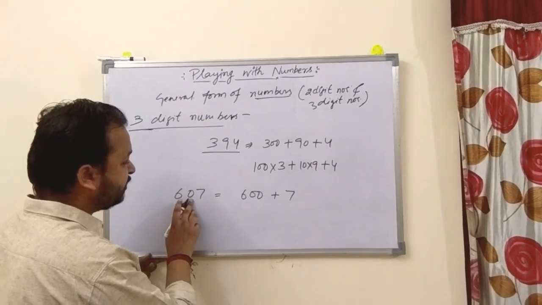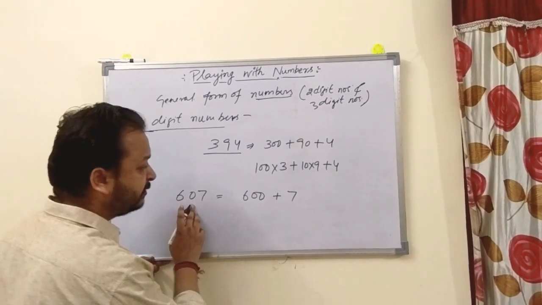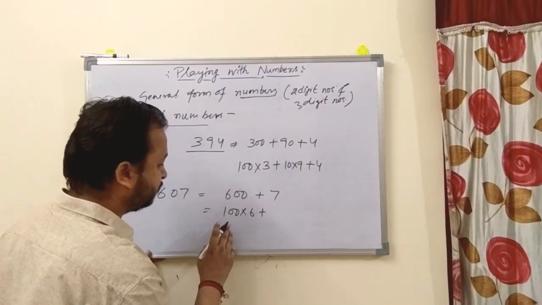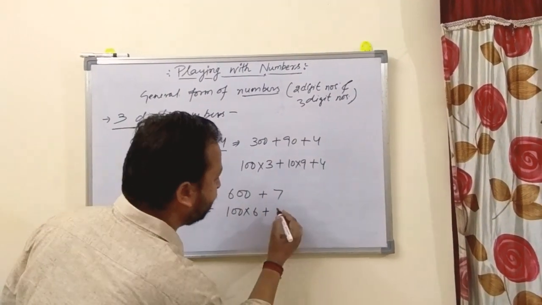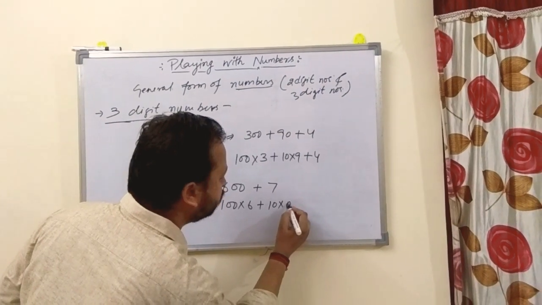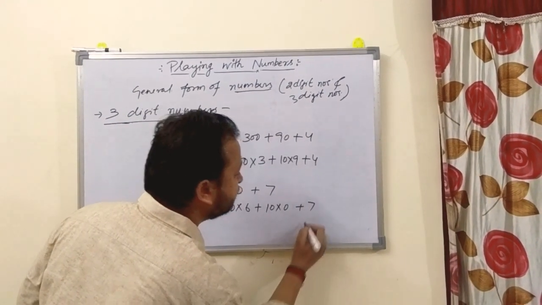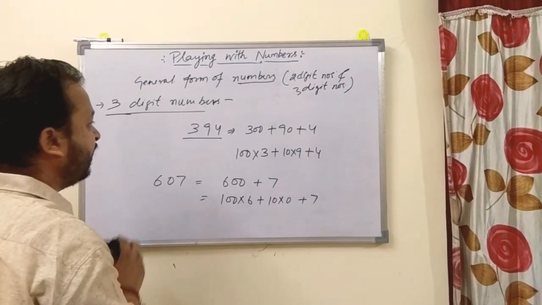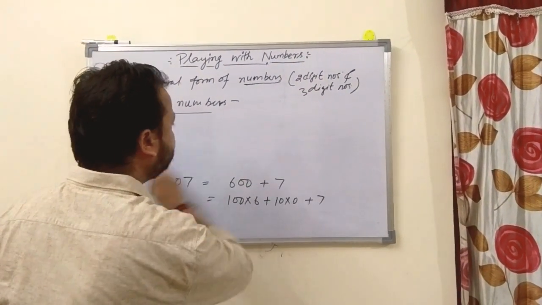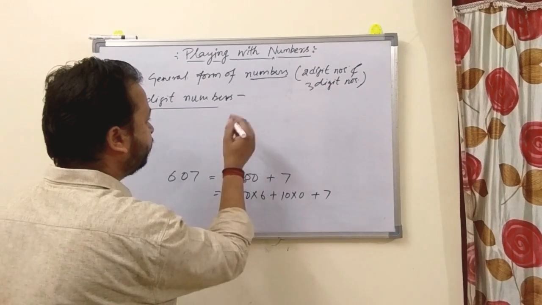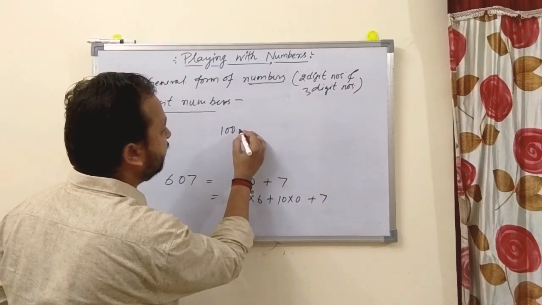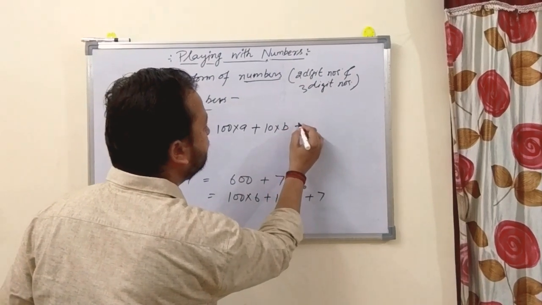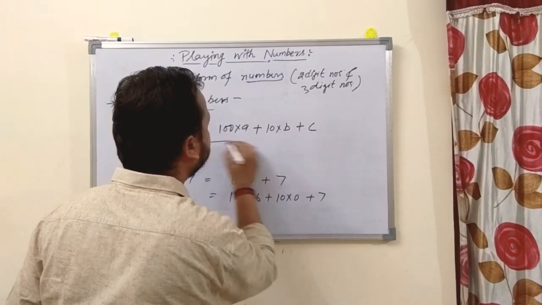So here the tens place digit is not present, right? So 100 into 6 plus, you can also write it as 10 into 0 plus 7, right? So if we are generalizing it, the general form of three-digit number is 100 into A plus 10 into B plus C, right?